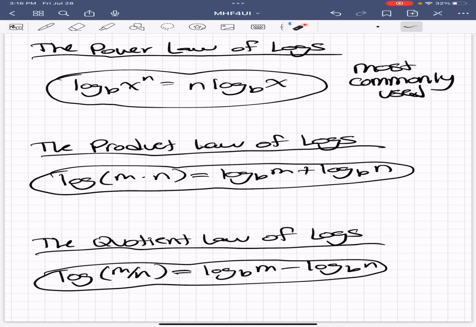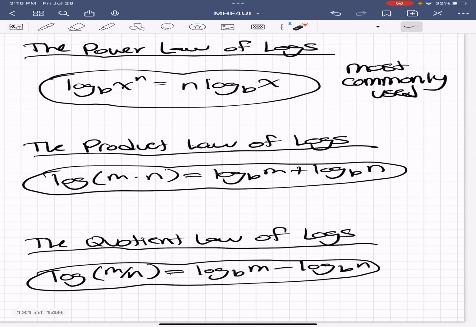And then we're going to be doing an example of the product law of logs and the quotient law of logs. It's log m multiplied by n, and then it works out with addition, and then we have log m over n, and then it works out to subtraction there.